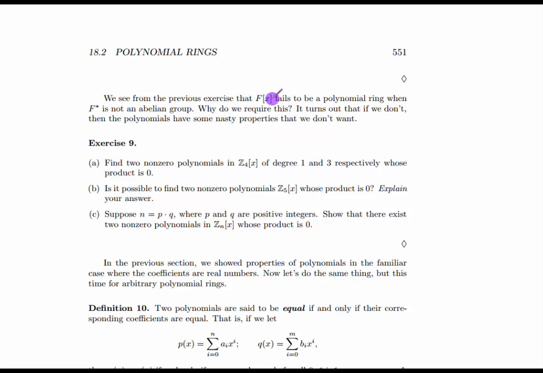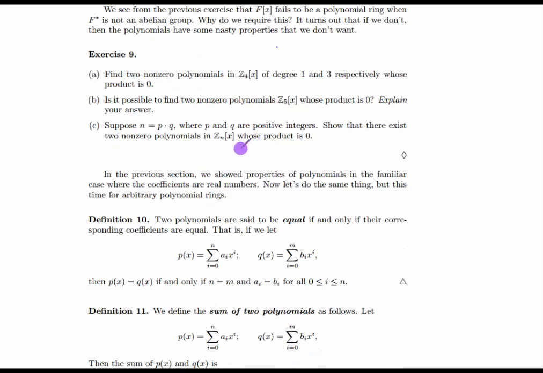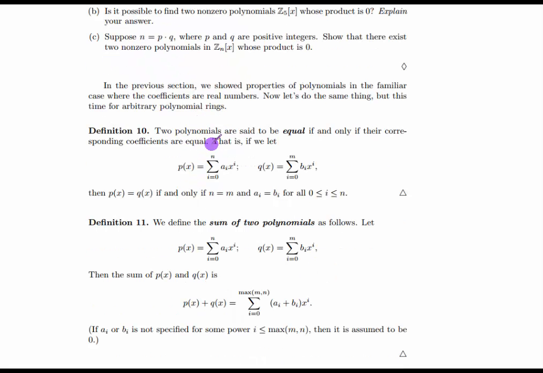In particular, if the coefficients don't form an abelian group, then you don't have a polynomial ring. So we explore that here.